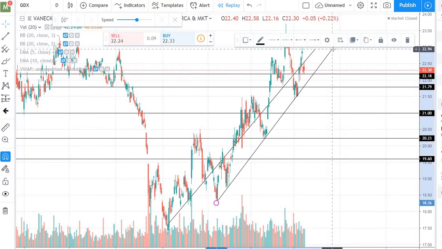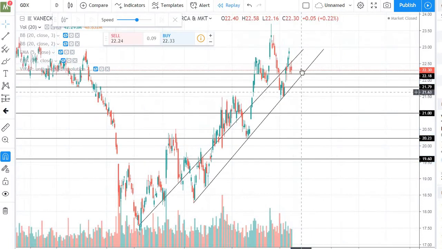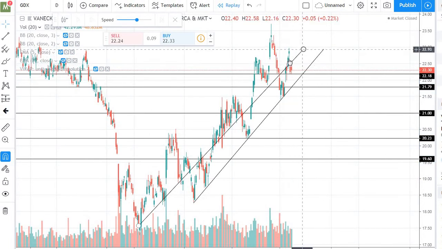So this line was off slightly, pretty close though. This one held up pretty good.